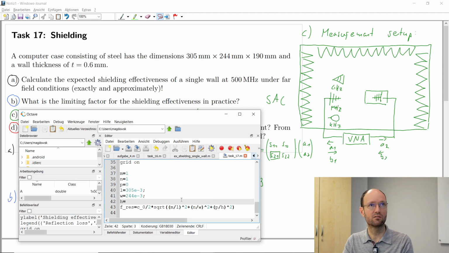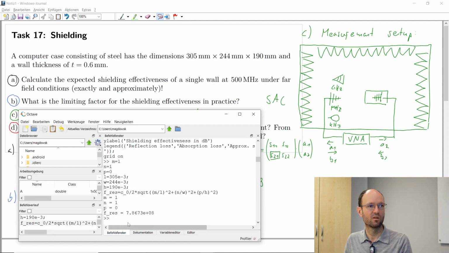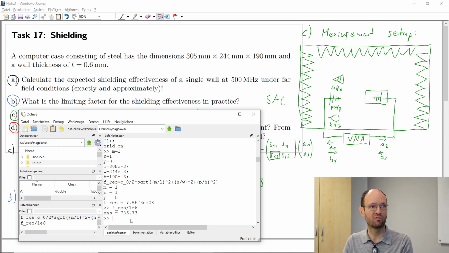H, the height, the smallest dimension, 190 millimeter. And so now if we calculate this resonant frequency, we can check the units in a second. We get this one. If I convert this into megahertz by dividing by 10 to the power of 6, we get 700 something megahertz.